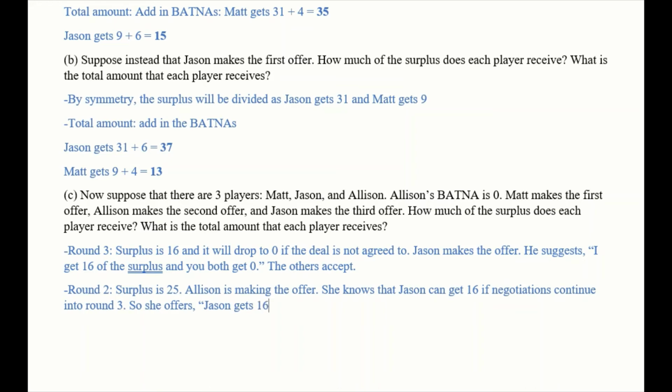She gives Jason his 16, so he'll say yes. The surplus is 25, and Jason's getting 16 of that. She can keep 9 for herself.